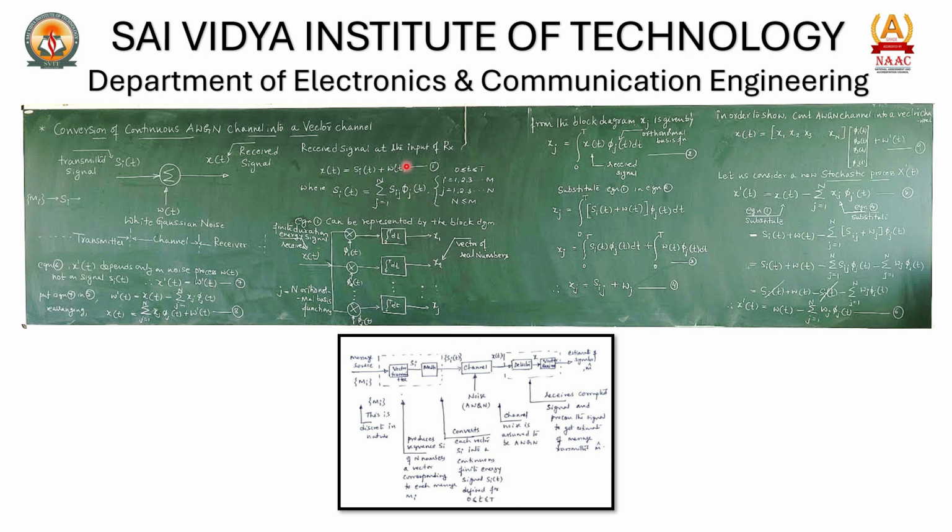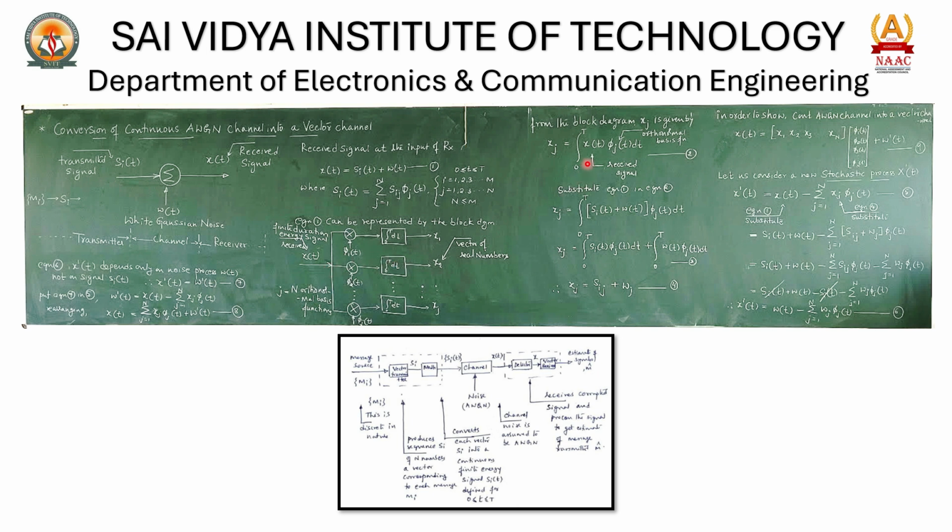If we neglect the noise temporarily, x of t can be represented by this block diagram. What is x of t? X of t is applied to a bank of correlators which consists of orthonormal basis functions followed by integrators. So this bank of correlators produces the vector value for the signal that is received here.